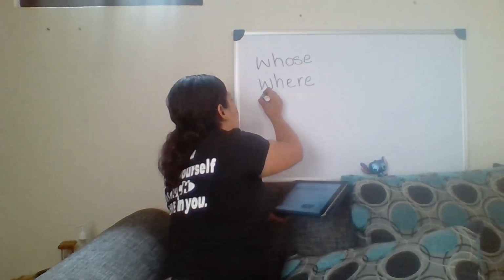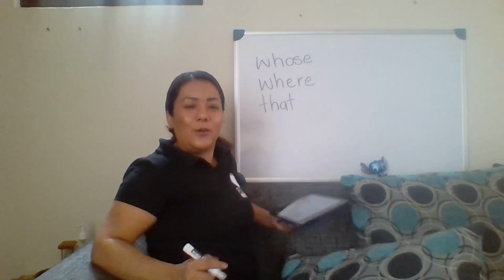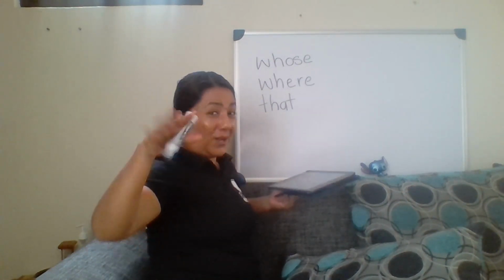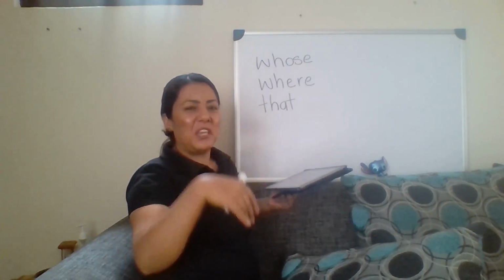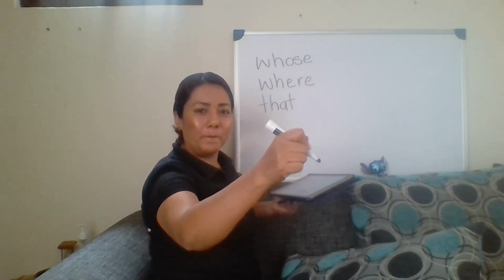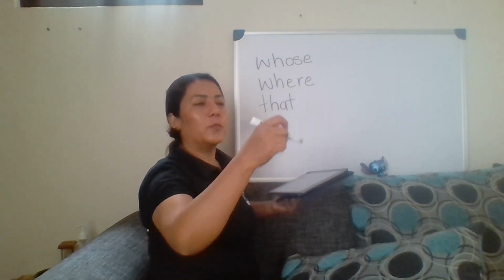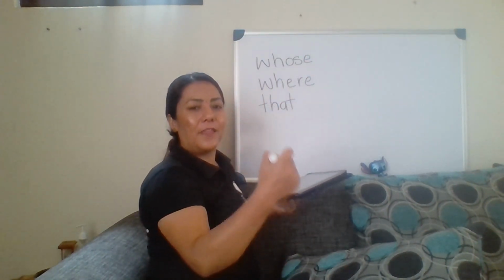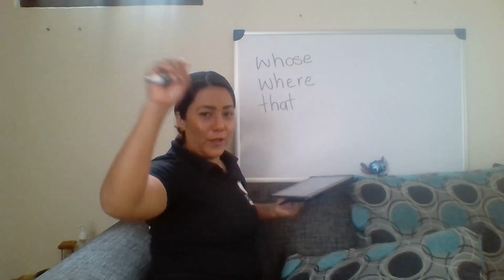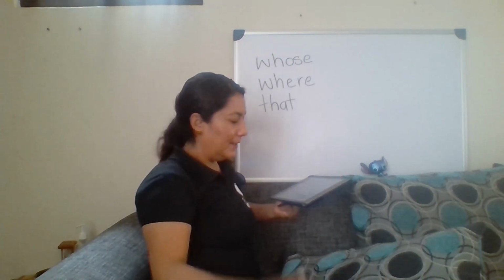The next one, that. Let me tell you, one student in one class, when it was time to write sentences using relative clauses, this person used that in all the sentences. Come on. Really? Okay.